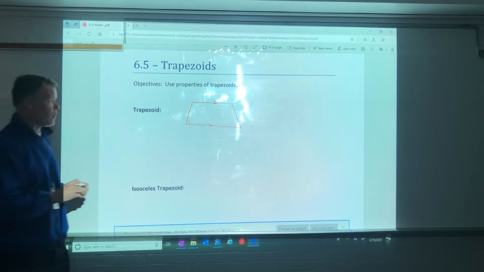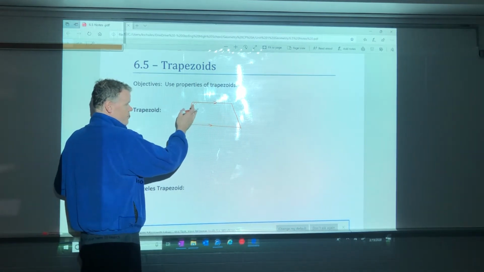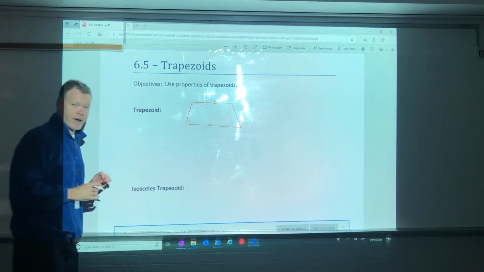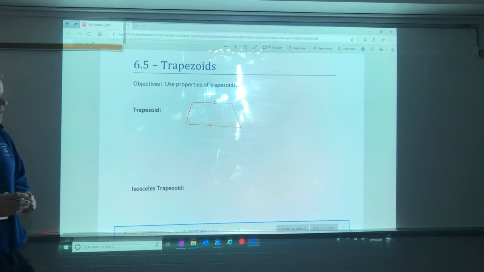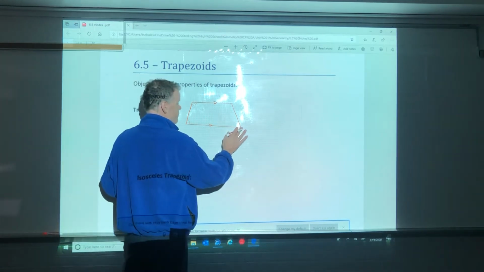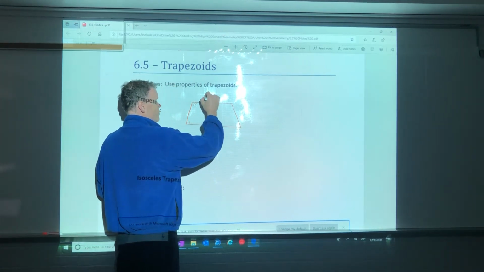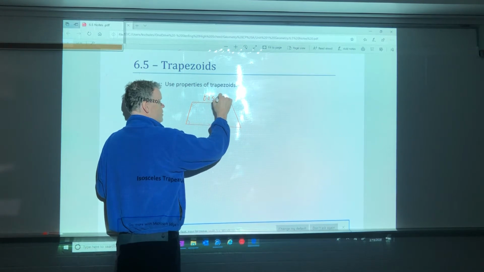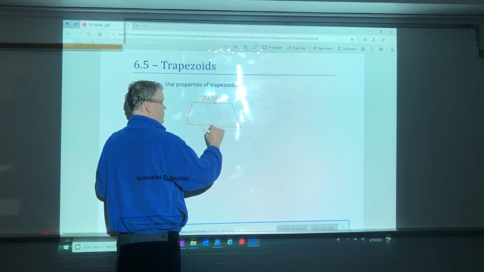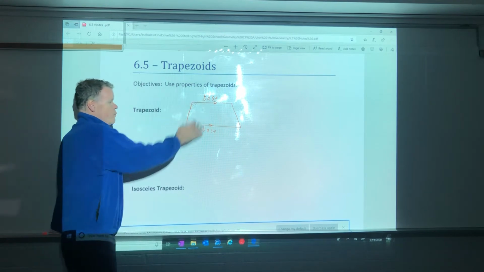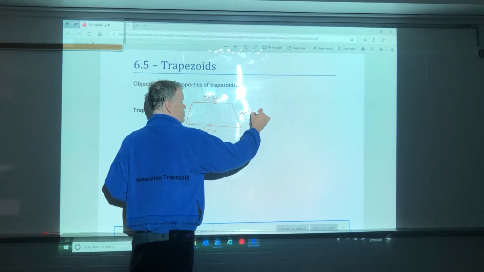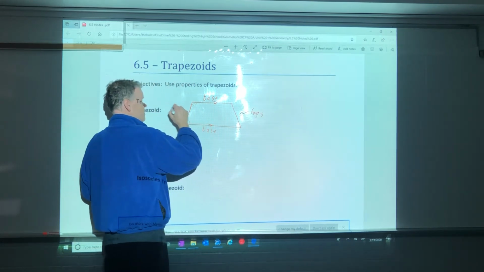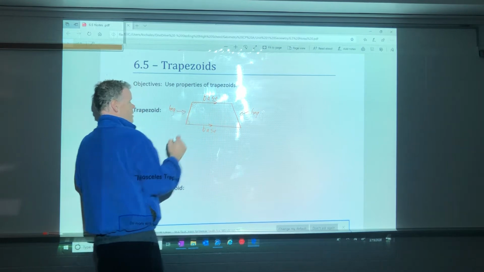And really what they are, if you look at the two parallel lines, these are consecutive interior angles. We know from before, they're going to add up to 180 degrees. I probably should have labeled a couple of things. On top, you're going to have your first base, and the bottom, that's your second base. These are your two bases. And on the side, you're going to have your legs. You've got a leg here and a leg right here.